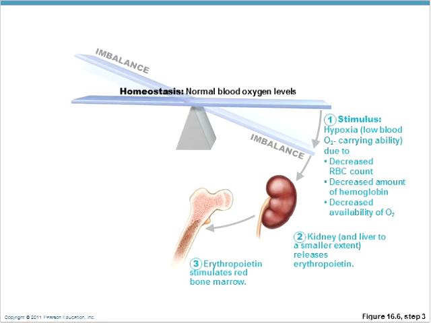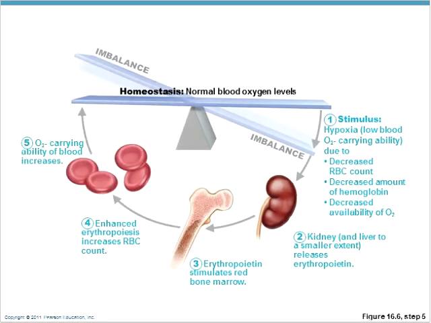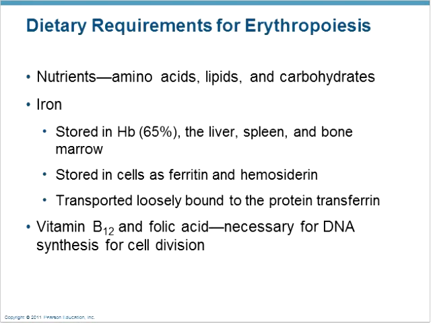Erythropoietin stimulates the red bone marrow to produce enhanced erythropoiesis, which increases the red blood cell count. Those red blood cells are released into the system, the oxygen carrying ability of the blood increases, and then we alter that hypoxia.